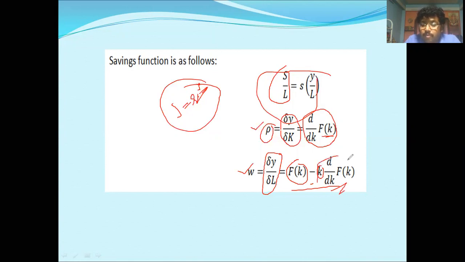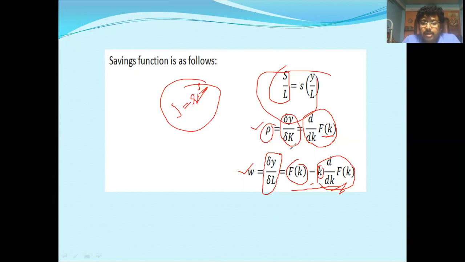So W is the difference between the output per head and the amount of output per head paid out as profit, where profit is the product of the real rate of interest and the capital labor ratio. So this is the understanding.